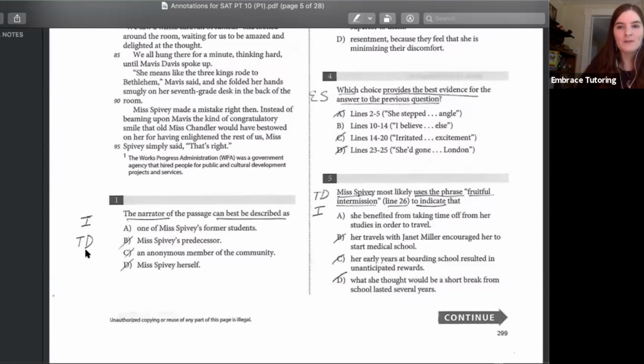But it's also kind of an inferencing question here, because you have to not only interpret that information from the text about the narrator. The question in this case is, the narrator of the passage can best be described as. So you as the reader are being asked to make a judgment based on your knowledge of a given character, or of the narrator here.